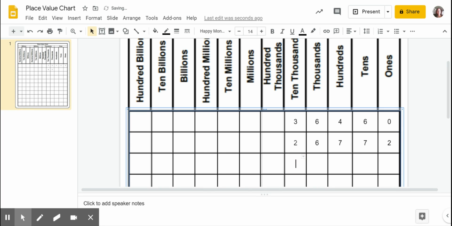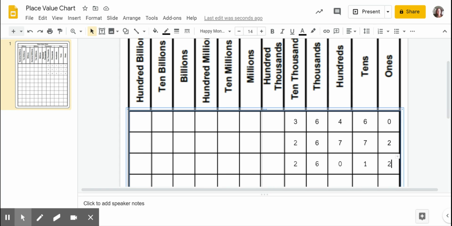And the third number is 26,012. I didn't hear the word hundreds, so I don't have hundreds in there. It's a 0.